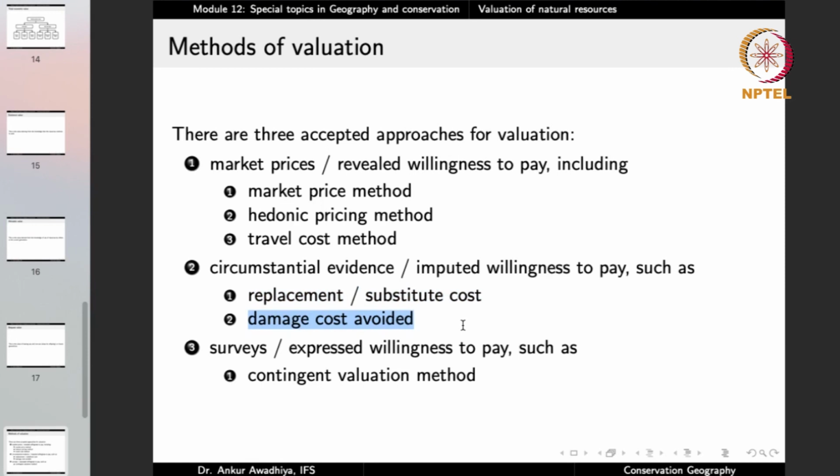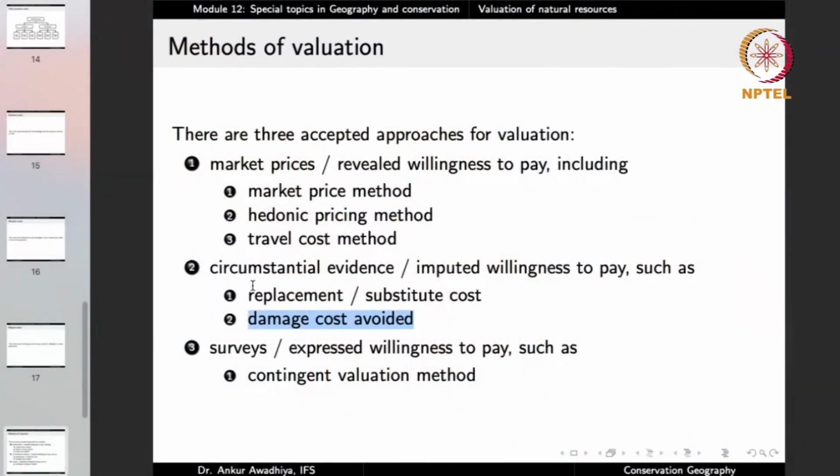So suppose you did not have the forest and you did not set up your water treatment plant. In that case, what would be the damage to the society? Say in terms of more amount of mortality, more amount of morbidity, or loss of work days. If you compute those values, they are also a value that the forest or the well functioning ecosystem is providing to us.